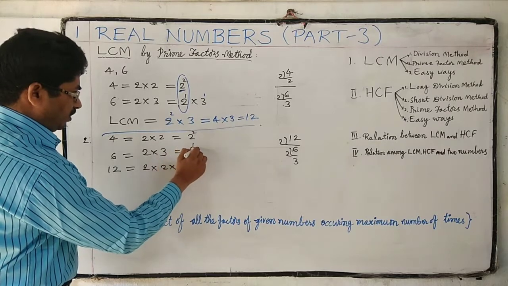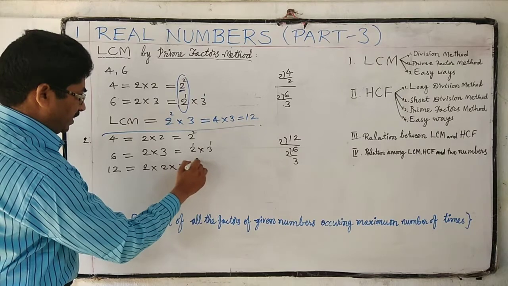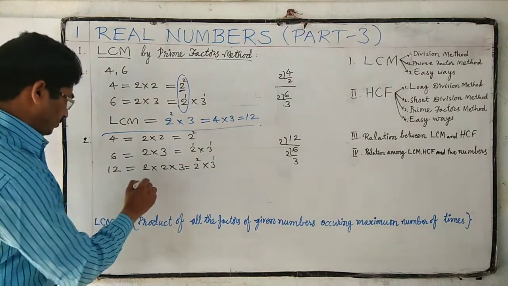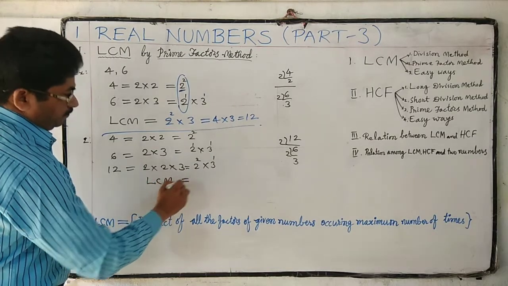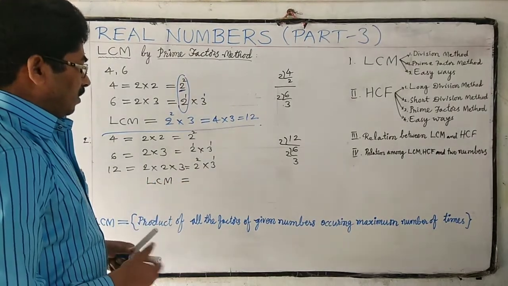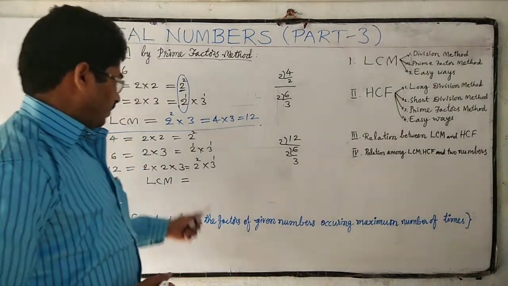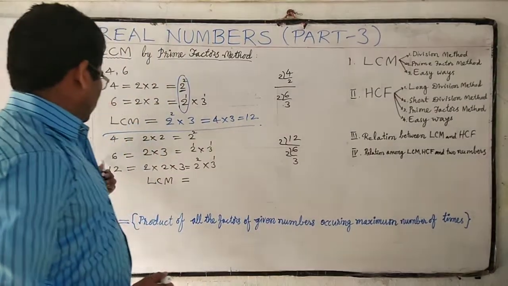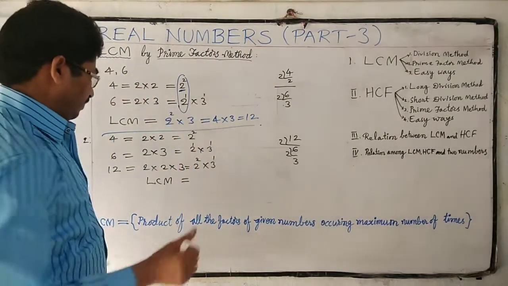This is 2 to the power 1 into 3 power 1. This is 2 square into 3 power 1. So what is the LCM of these numbers? We remember product of all the factors of given numbers, these 4, 6, 12, occurring maximum number of times.